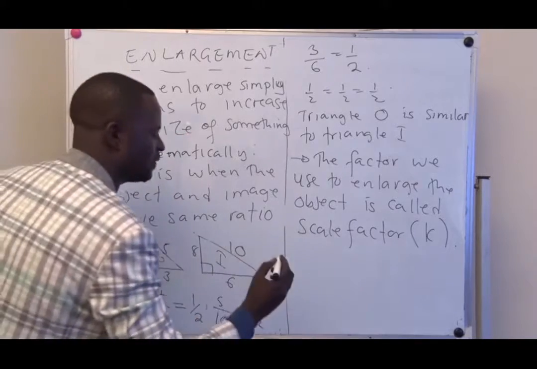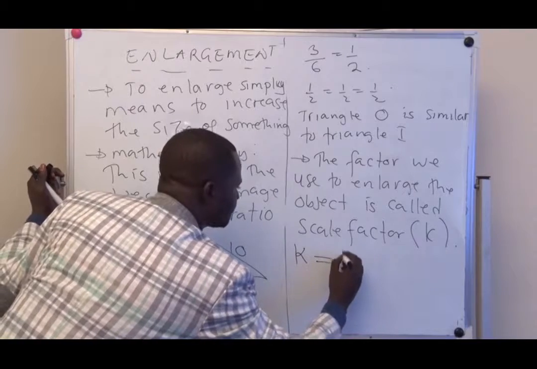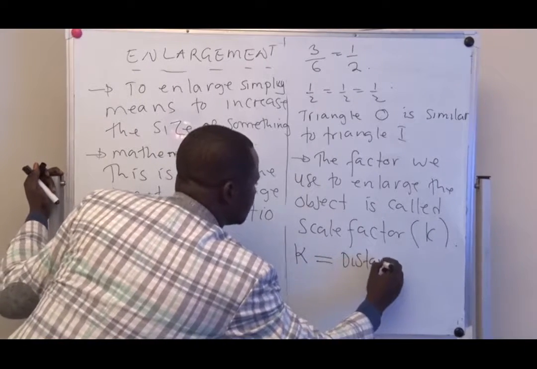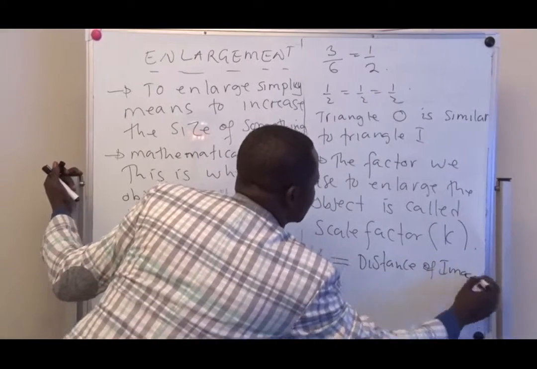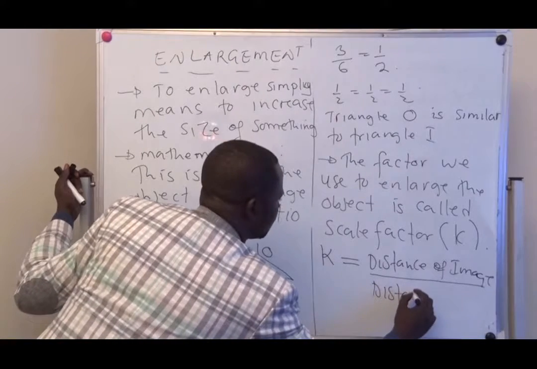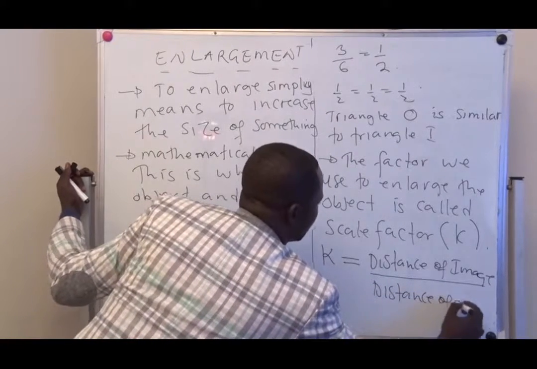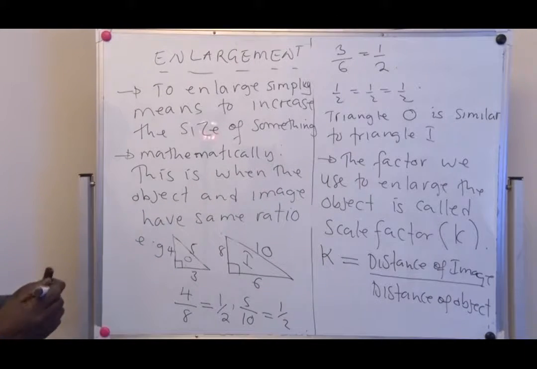Now this is the formula for the scale factor. Scale factor K is given by the distance of the image over the distance of the object. So the distance moved by the image over the distance moved by the object will give you the scale factor.